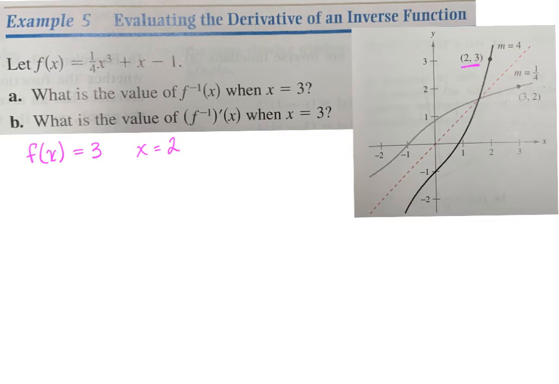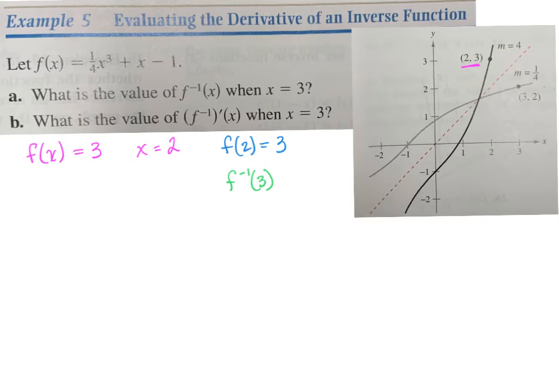So they're asking, what is the value of the derivative then? For this first part, I would say f of 2 equals 3, x and y. They are asking what happens with the inverse at 3. Well, remember my x and y's switch places with my inverses.